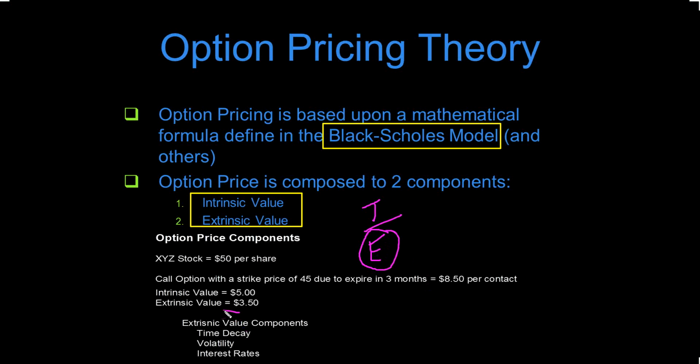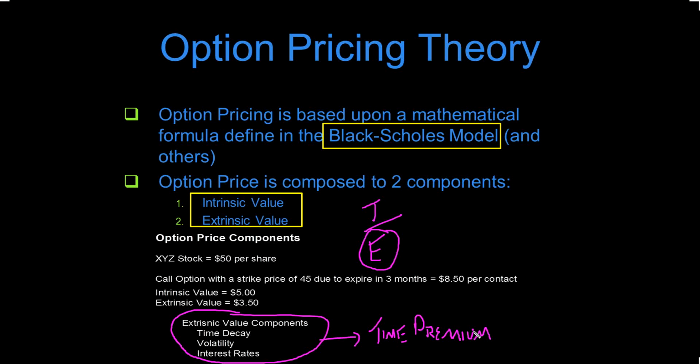Extrinsic value is made up of these things right here: time decay, volatility, and interest premium. It's all kind of classified under the term time premium. Now, why is that important? Every option that you buy, even if you're buying an option in the morning that's going to expire at the end of the day, has some time premium in it.